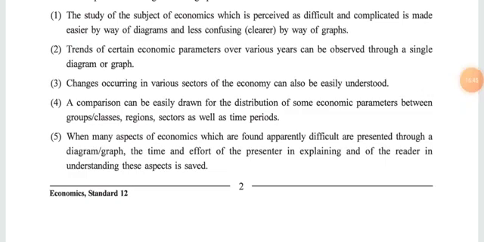Point number 3. Changes occurring in various sectors of the economy can also be easily understood. Basically in India, the sectors are distributed into 3 types: primary sector, industrial sector and tertiary sector.